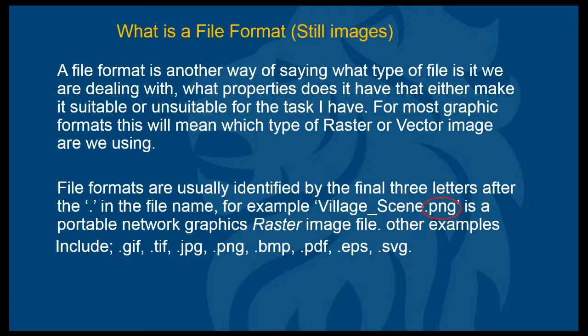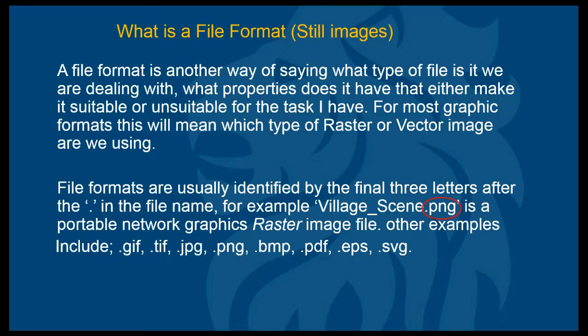What is a file format? Well, a file format is another way basically of saying what kind of file it is we are dealing with, what properties it has that either make it suitable or unsuitable for the task that I have to do at the moment. For the graphic formats, this will mean a type of raster or vector image.